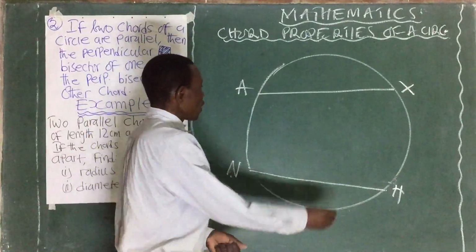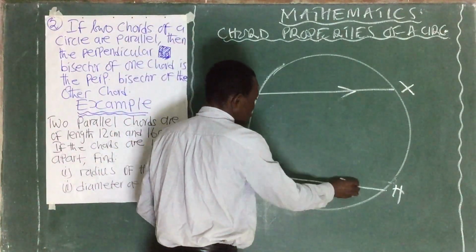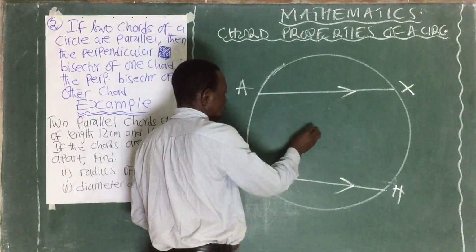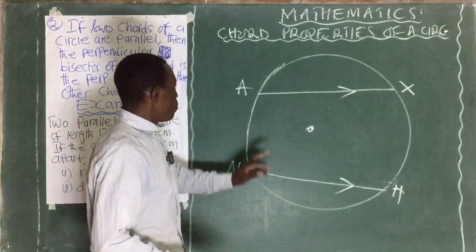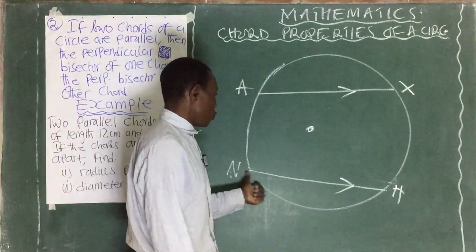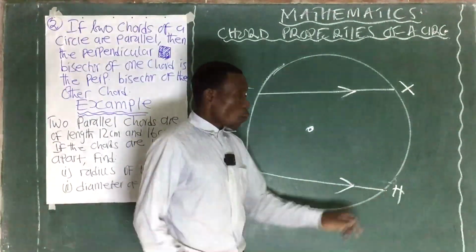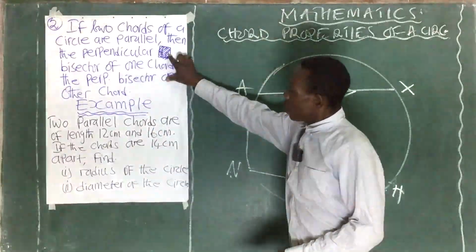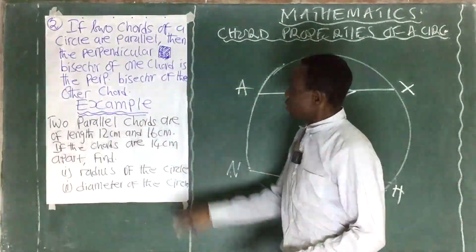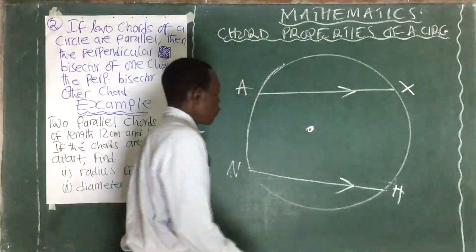Make them parallel to each other, meaning AX is parallel to NH.